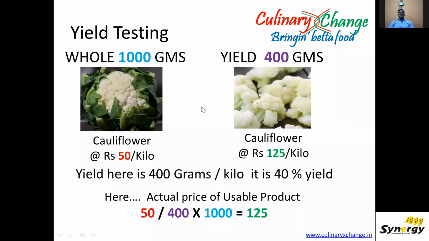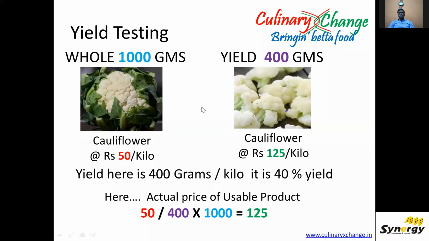In the bakery, there is one major product we need to seriously monitor, which is our maida. Maida normally has a moisture content of around 12%.